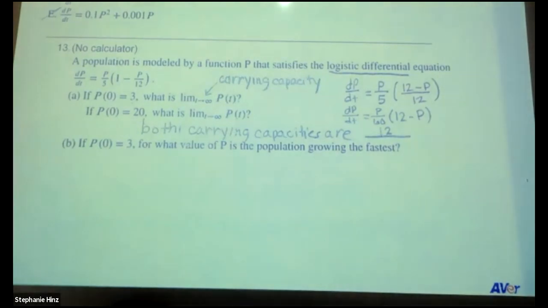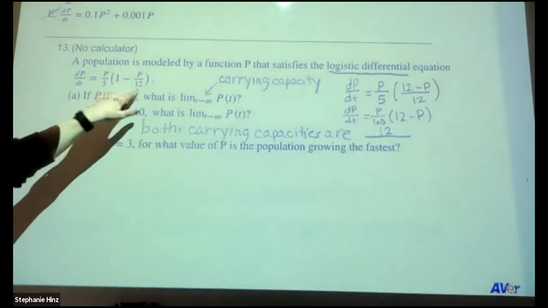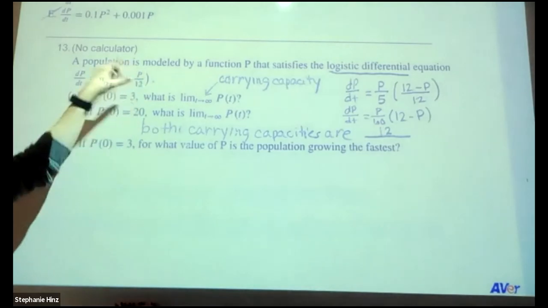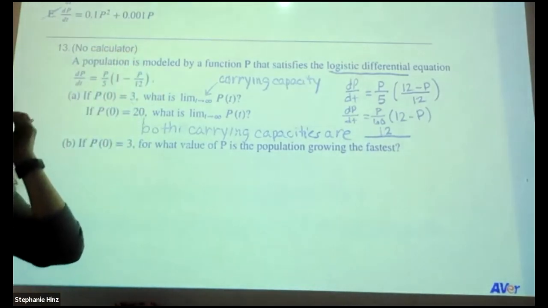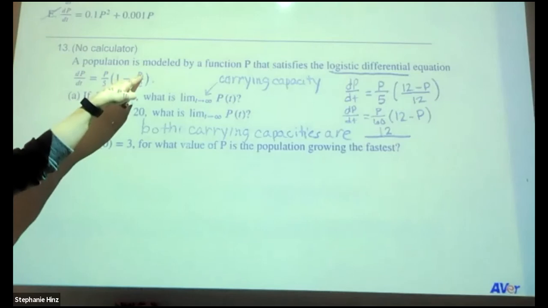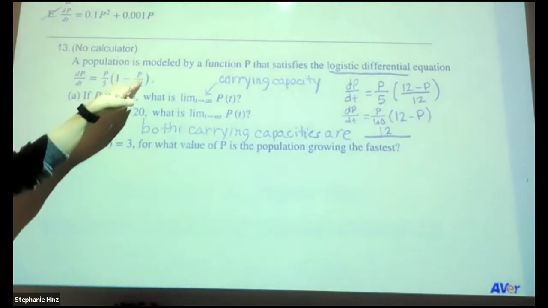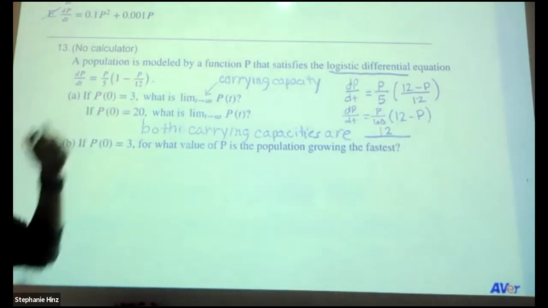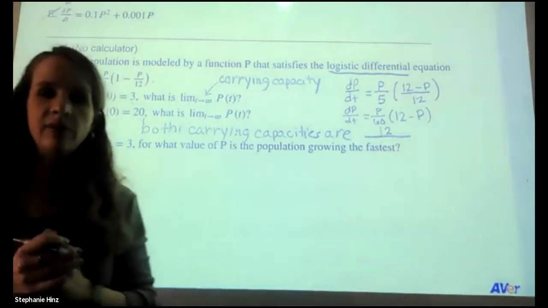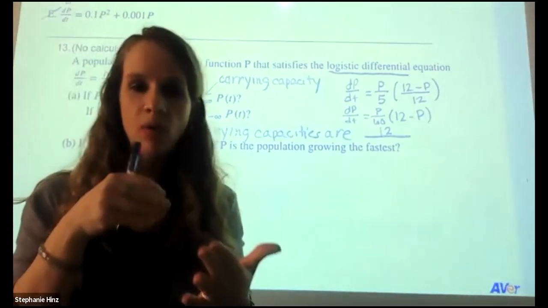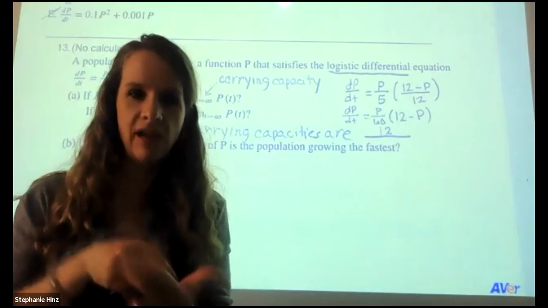So if you'll notice, the 12 is sneaky right here. And this is another form of a logistic model. And if you have 1 minus your dependent divided by this, this will always be your carrying capacity. But I've found that my students and myself too, I want to depend on one thing that I can count on every time.